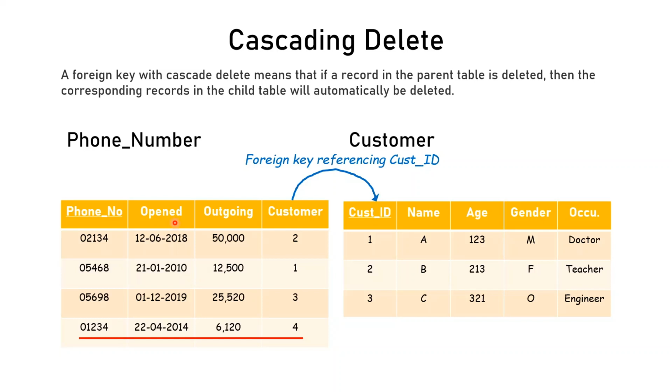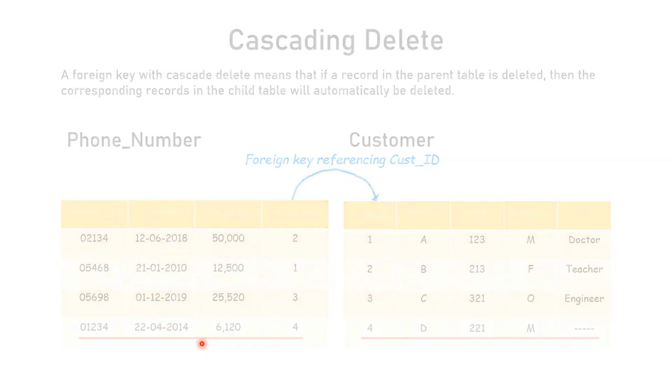If we have declared the cascading delete clause in our foreign key constraint declaration, then whenever an entry is deleted from our customer table, all the entries that are related to this entry are automatically deleted from the phone number table as well. So now let's take a look at how this works by looking at the syntax of cascading delete.